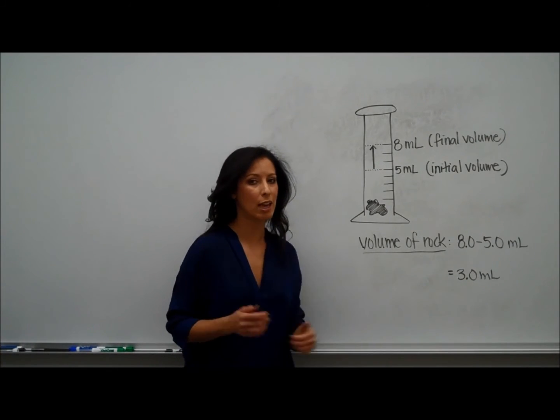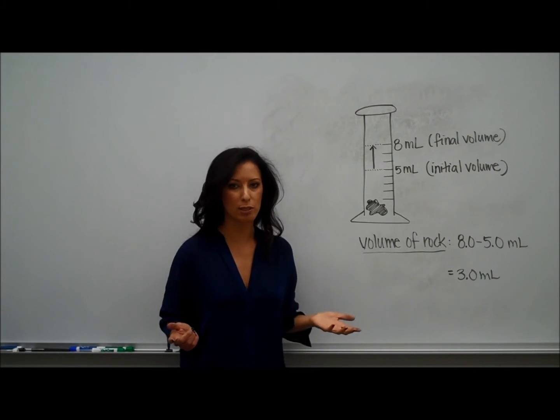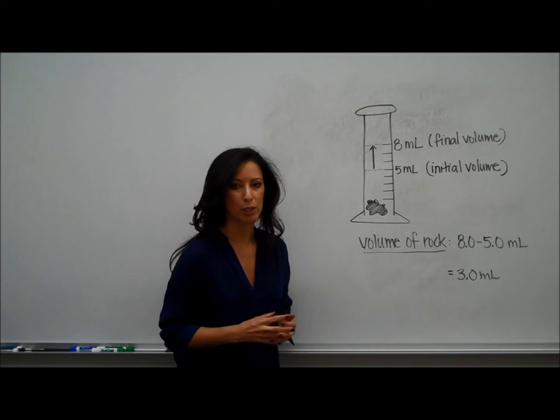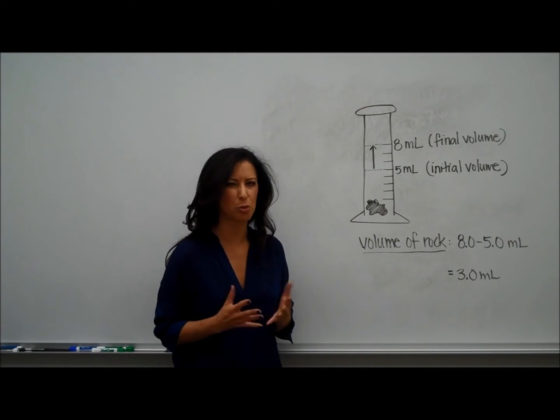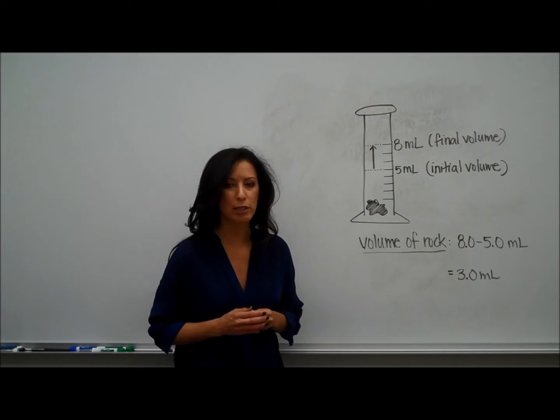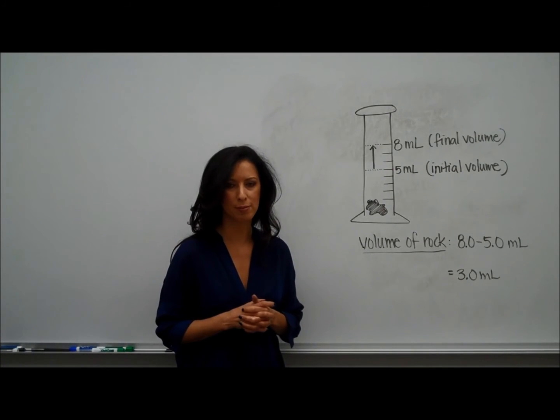This is called calculating the volume by displacement. We can use this concept in density problems. In the lab, when calculating the volume of an irregularly shaped object, make sure it is fully submerged in water before you determine the volume.